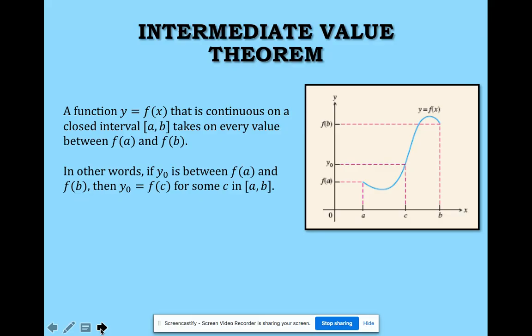All right, the intermediate value theorem is a theorem that doesn't involve any calculus, actually, but we're going to use it for some of our reasoning down the road. And it really is a no-duh theorem.